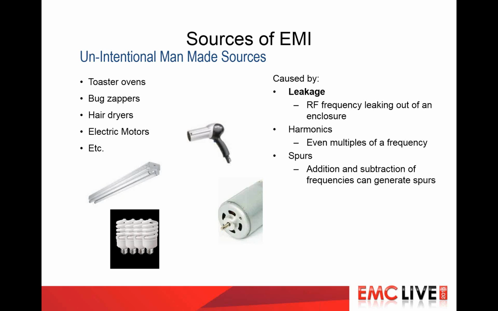Then there are unintentional man-made sources: toaster ovens, bug zappers, hair dryers. A hairdryer can cause interference with other items. Even hairdryers have to be tested. It's got an electric motor in there. Again, anything that takes electricity. What you're looking for is RF leakage, leaking out of an enclosure.